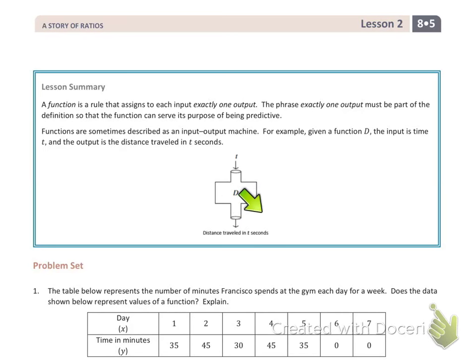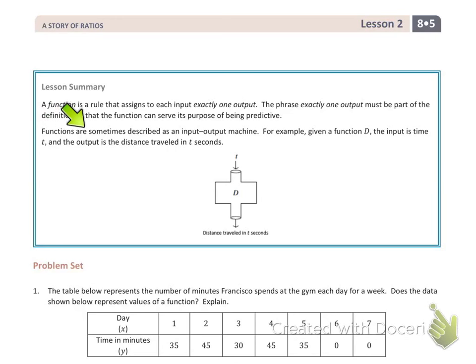It's not gonna change it up on me. And by doing that, the phrase exactly one output must be part of the definition so that the function can serve its purpose of being predictive. We want it to be a valid predictor and a consistent predictor, that it's not flip-flopping on me.